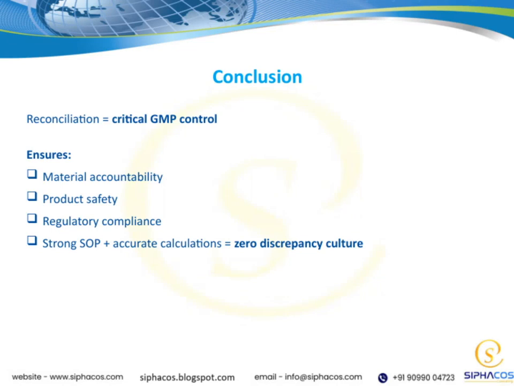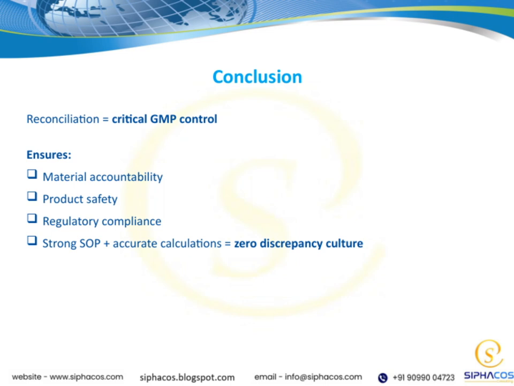Let's wrap up with the key takeaway. Reconciliation is absolutely critical for GMP control. When we talk about reconciliation, we're referring to the process of ensuring that all materials and products are accurately accounted for throughout production. This step is essential because it directly supports material accountability, meaning we can trace every ingredient and component. It also guarantees product safety, as any discrepancies can be identified and corrected early.